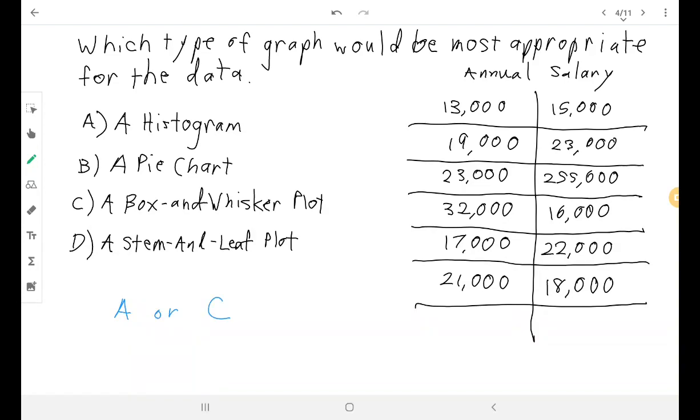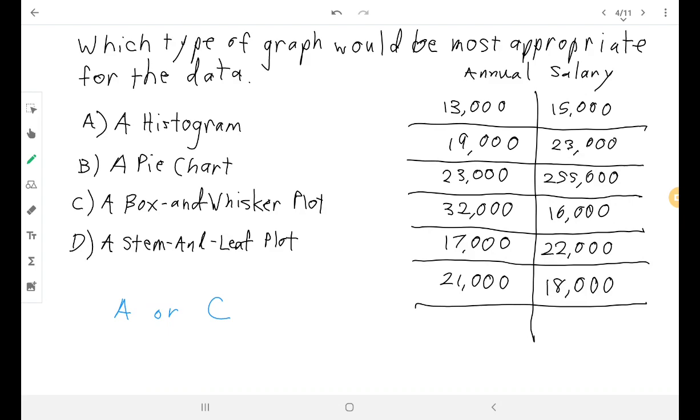I know Edgenuity isn't going to give you that option, but I think it depends on what you're trying to glean out of it. If you're trying to just compare salaries, and you have this list of salaries, well, histogram would probably be pretty good for that.